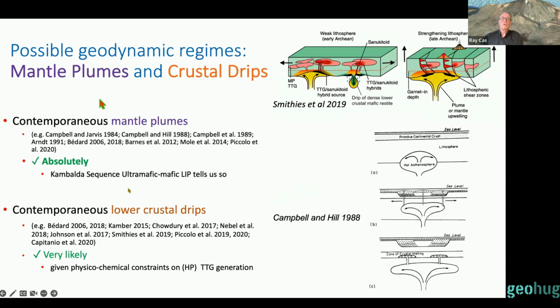So then we go on to another geodynamic model or paradigm, and these are mantle plumes and probably contemporaneous crustal drips. Now, I've already mentioned that the association of the komatiites and the basalts in the Kambalda sequence are highly indicative of high temperature mantle plume activity. So I think most people would acknowledge that that is the most likely source of those old and very mafic to ultramafic stratigraphic sequences.